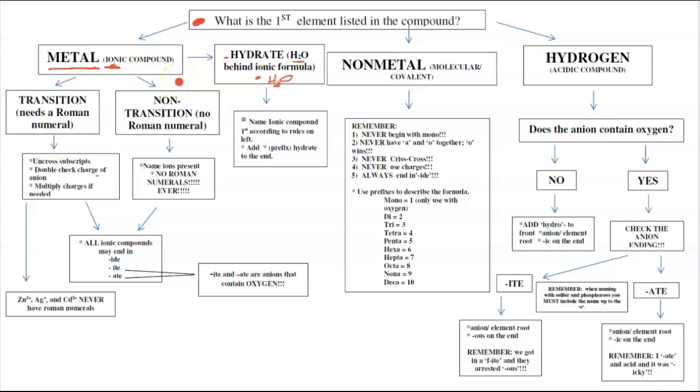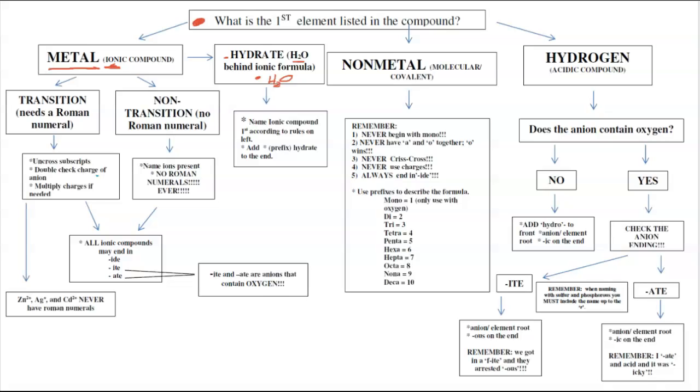To name that compound correctly, you're going to go back and utilize the rules that we've worked with for several days. If you have an alkali metal or an alkaline earth metal, you don't need a Roman numeral, so you're just going to name the ions that you have. If you have a transition metal, right, those usually need a Roman numeral.